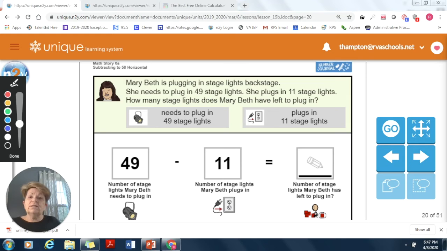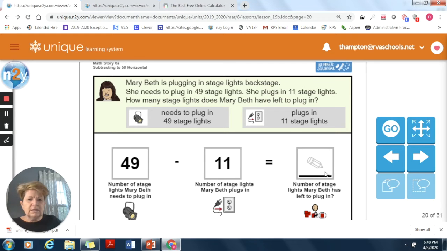We always want to label our answers. Now here our answer is labeled for us, but we need to remember to label it ourselves when we're just working on a paper, okay? So let's turn off our fancy pen and we are going to put 38.